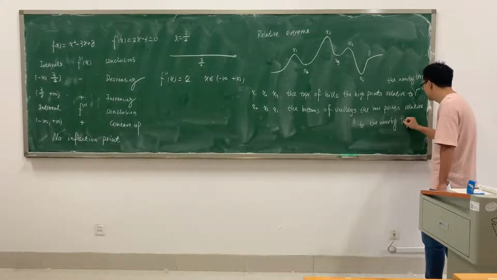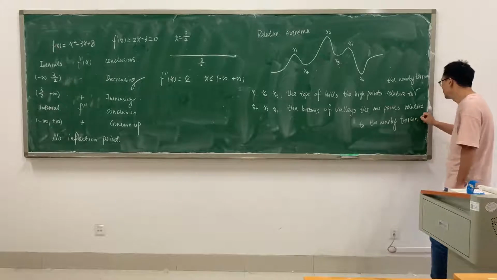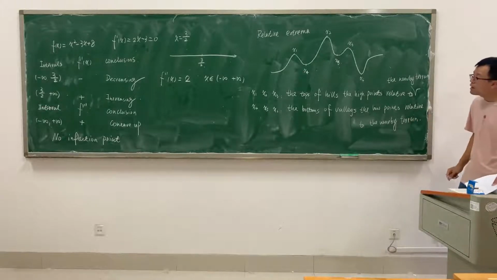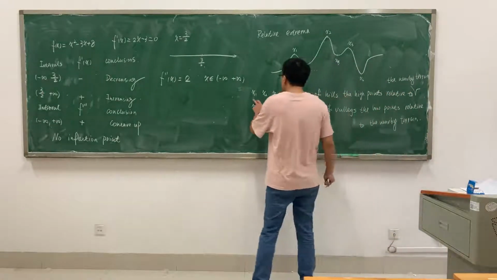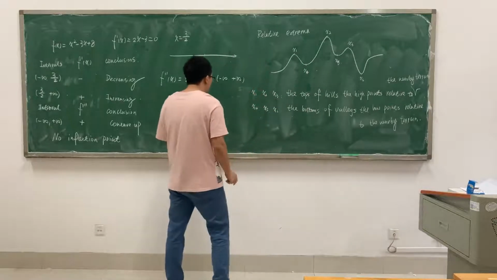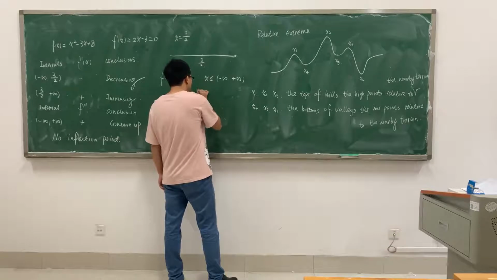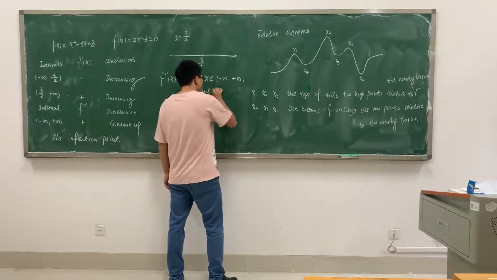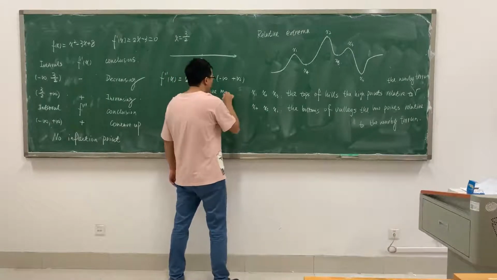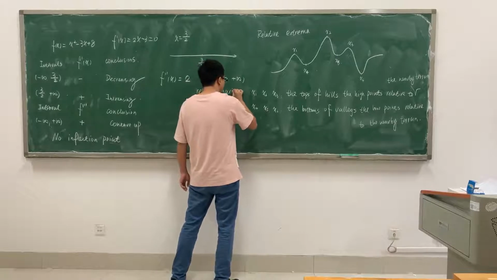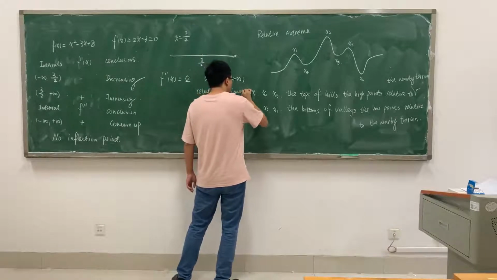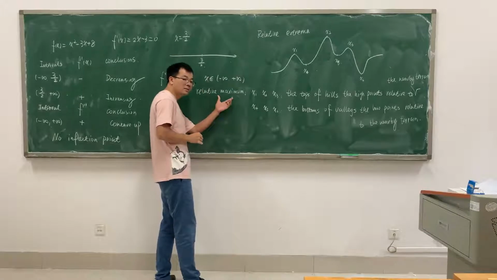So for x1, x2, x3, we give it a name in mathematics. A name in mathematics means relative maximum. Relative maximum.